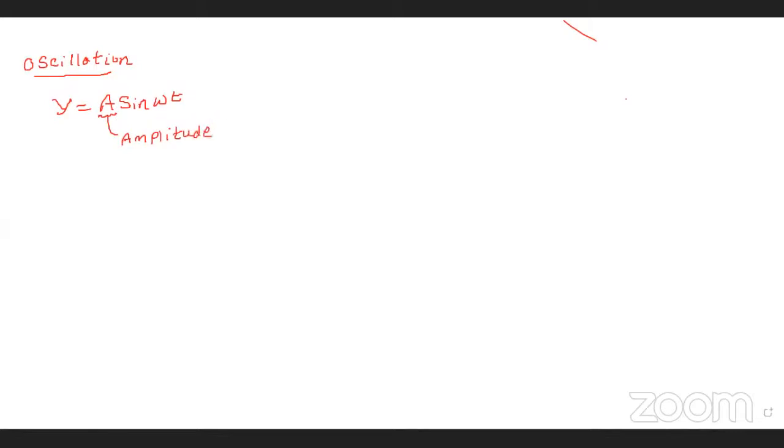Amplitude. Now, for example, if y equals 3 sine omega t, what is the amplitude? Amplitude is 3.